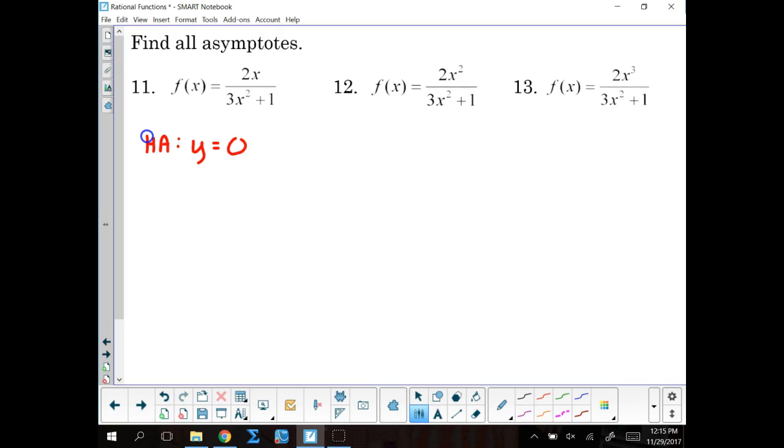So second one, what do you got, Claire? What's my horizontal asymptote? Do we agree with that one? What about the third one? None. Both none. There's no asymptotes on that one at all.